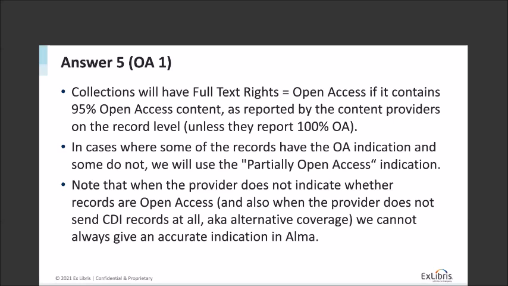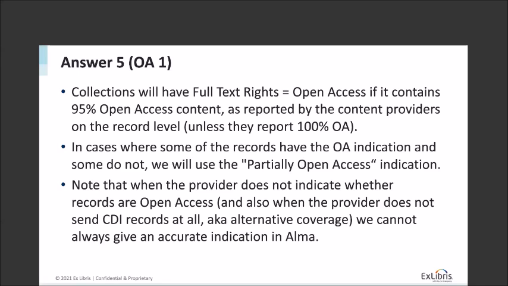It doesn't have a commercial provider that stands behind and supports it, but it is a legitimate KB product. And of course, the indication on the collection level has to be open access, because it's freely accessible journals. However, when we look at the records, they are coming from alternative coverage.